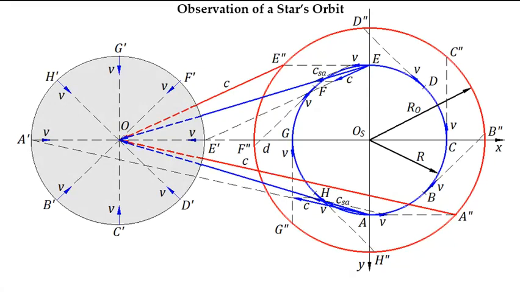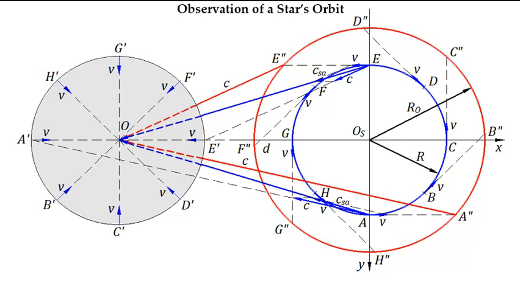The figure depicts an actual star's orbit with the center at the point OS of radius r in the plane of the paper, and an imaginary circle of radius OA prime, with the center at the point O, and with its plane parallel to and in front of the paper plane.